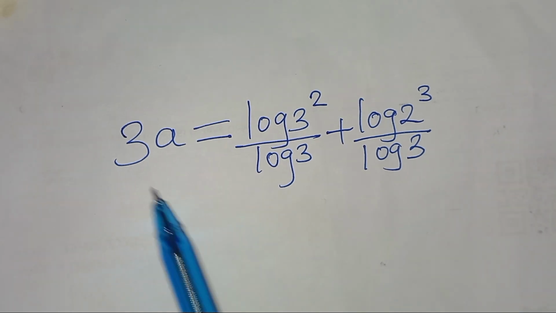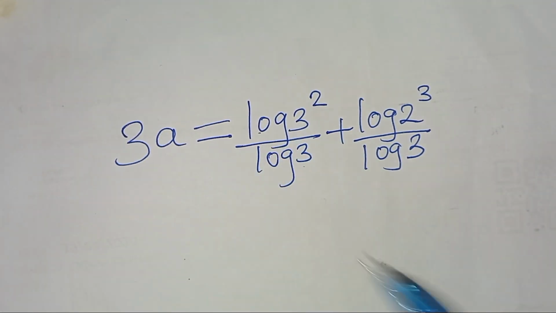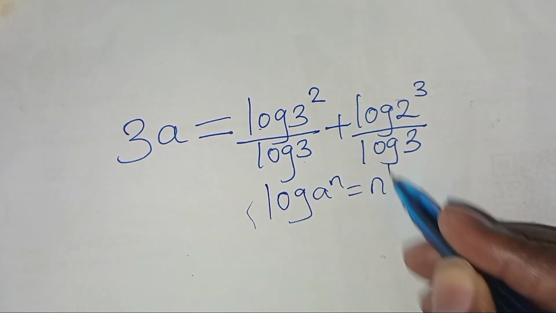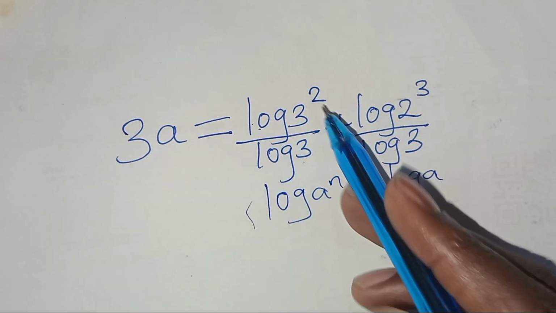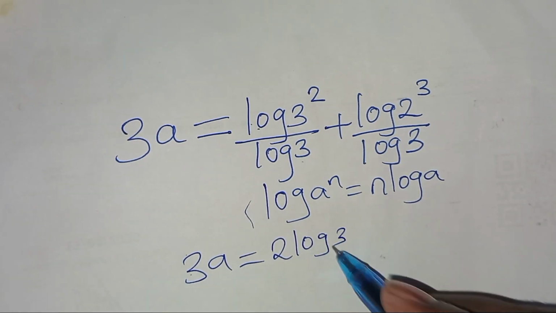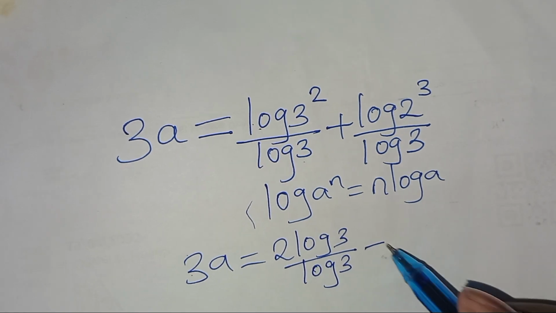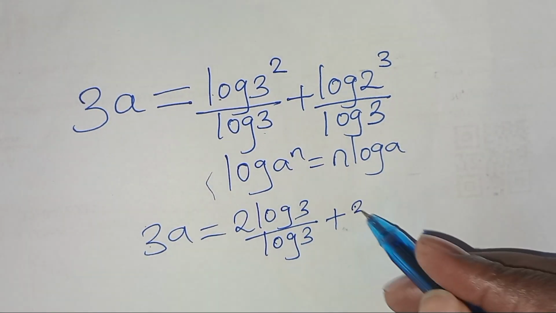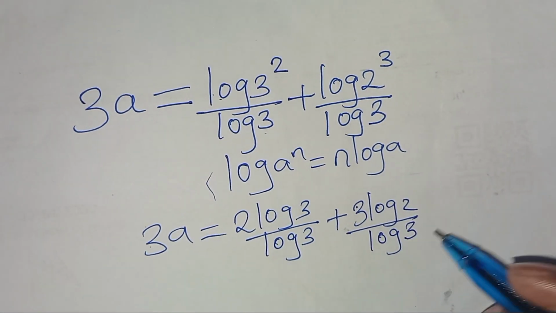Applying the power rule property, log a to power n is n log a. So log 3 to power 2 becomes 2 log 3 divided by log 3, then plus log 2 to power 3 becomes 3 log 2 divided by log 3.